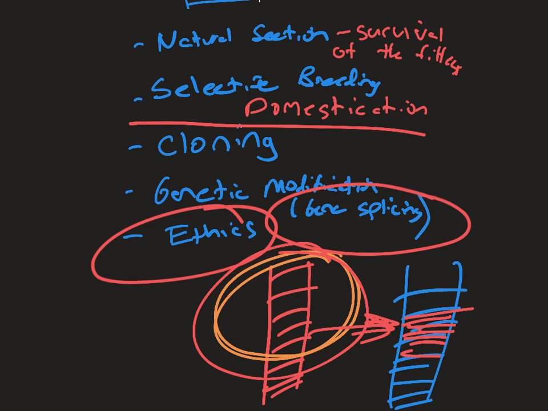Taking a gene from a pine tree or from a plant that can survive really, really cold conditions, taking that gene and putting it into a food that we want to eat more regularly, like a strawberry or tomato or apple trees or whatever the case, to make them a little more hardy in our conditions. It doesn't sound so bad when you start talking about fruit, but when you talk about humans, that's typically where you're going to draw the line.